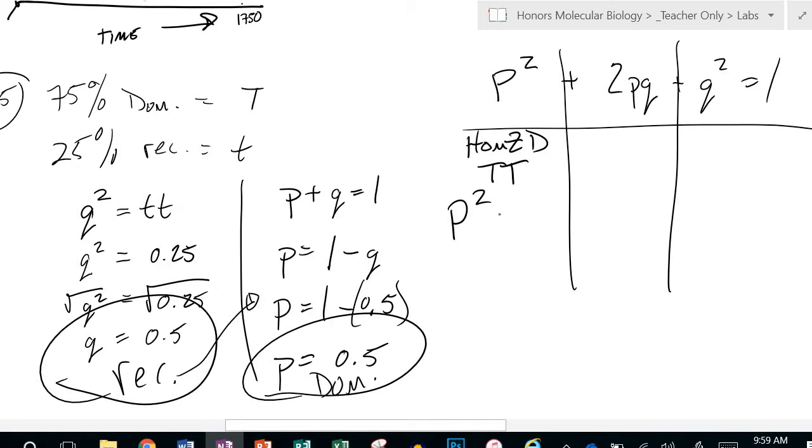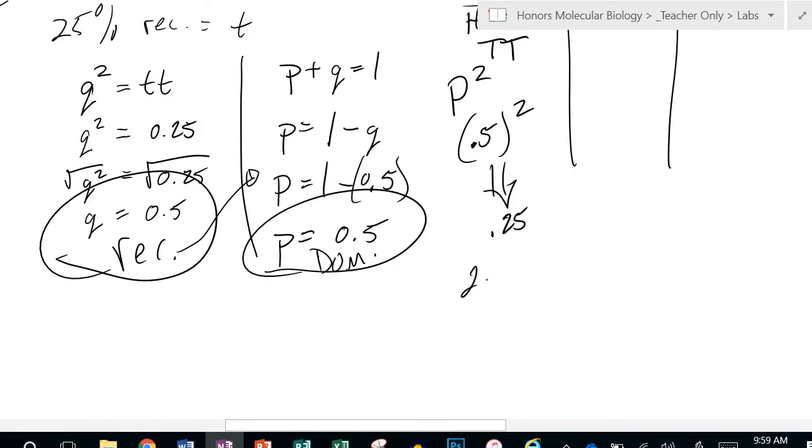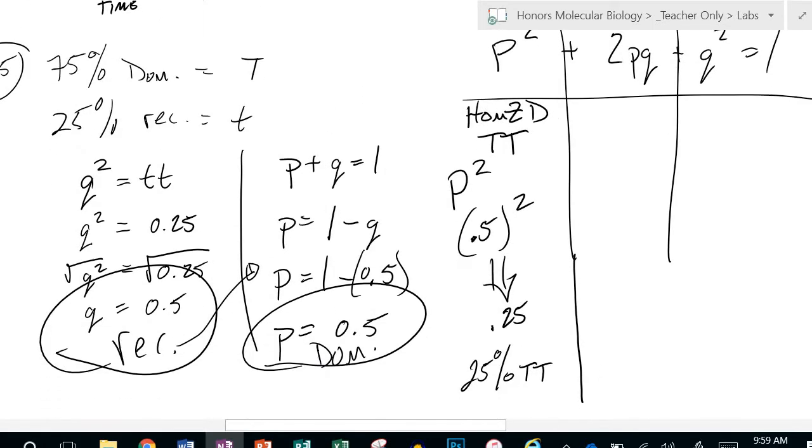It is equivalent to basically 0.5 squared. So when we square 0.5, we know that is 0.25, and that means that 25% of our population is going to be homozygous dominant.